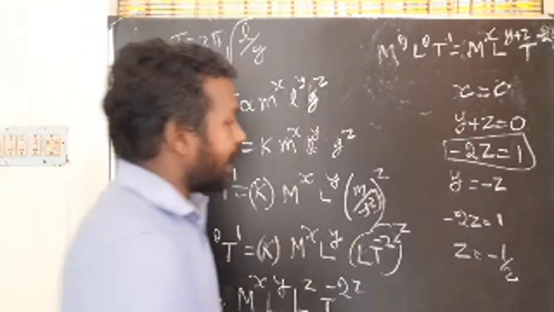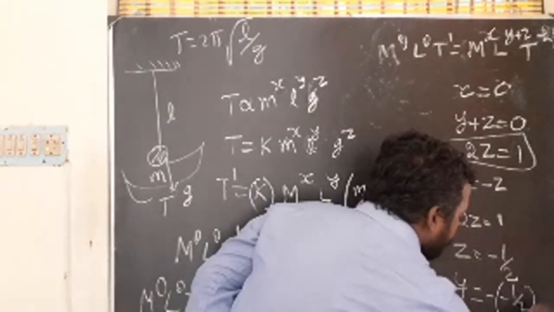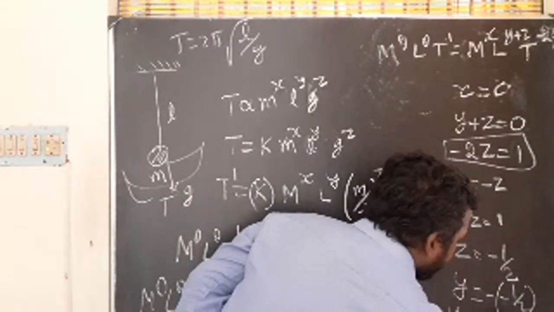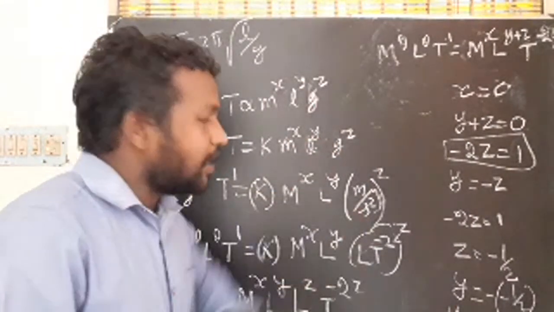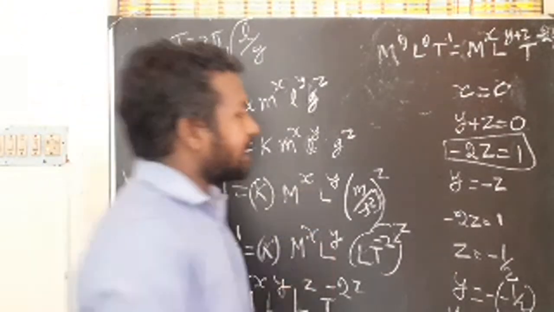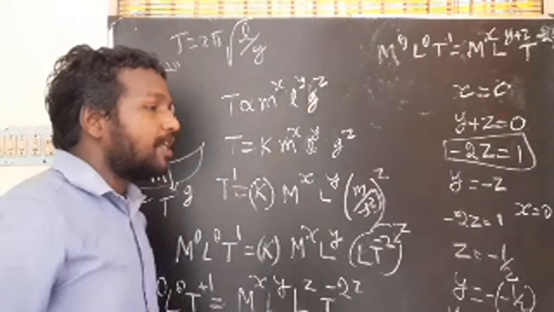What about Y? Y is equal to minus Z, so minus of minus 1 by 2, Y is equal to plus 1 by 2. So Y is equal to plus 1 by 2, Z is equal to minus 1 by 2, and X is equal to 0. How did I get this? Left hand side, right hand side, just comparing using the dimensional formula.